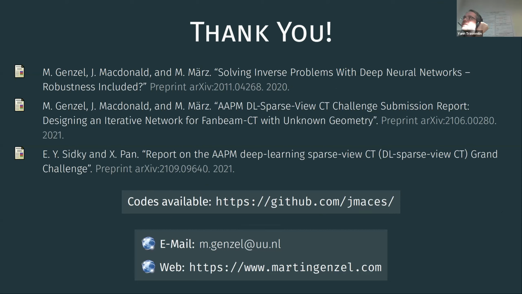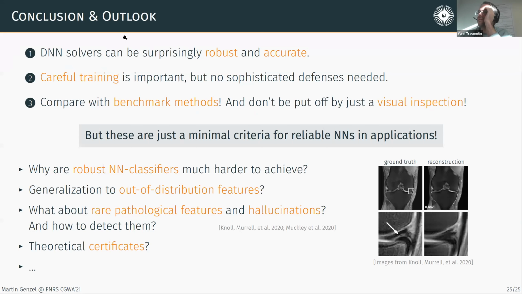Yes, thank you for the very clear talk. My question is about your last slide, and I think there is a main difference in robustness. I'm not sure I'm 100% okay with the definition of robustness from TV extended to the neural network. Because, as you said, the neural network will depend on the training data.